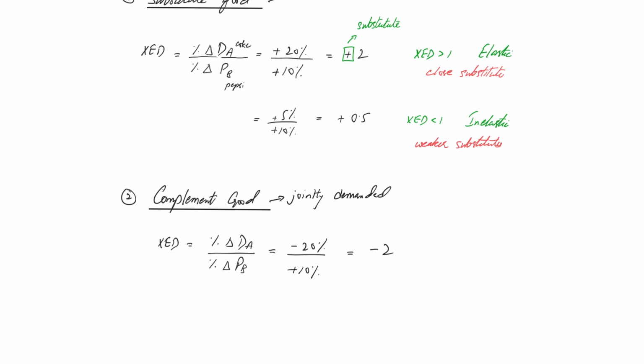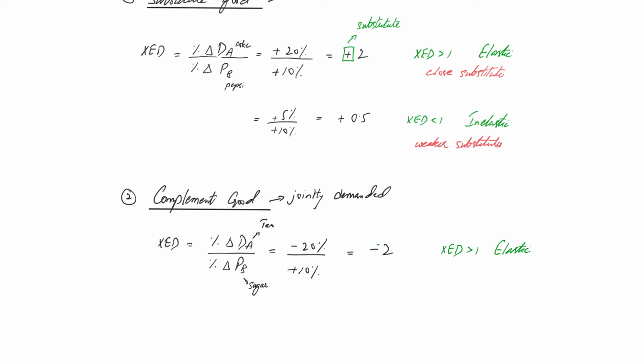So let's think of it like this. If the price of sugar increased by 10%, the demand for tea will fall by 20%. What this signifies is that Xed has a much bigger change.